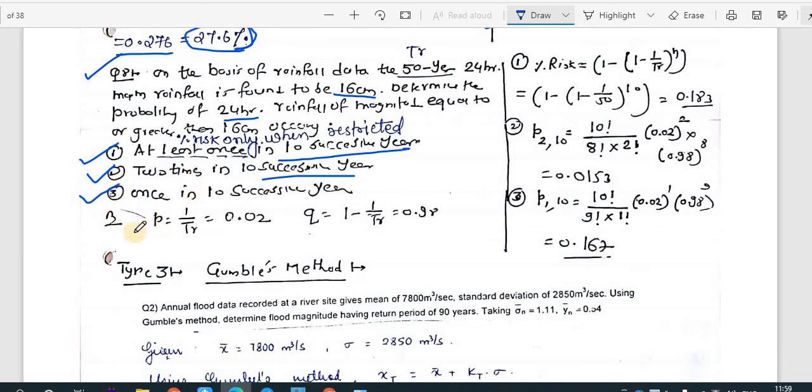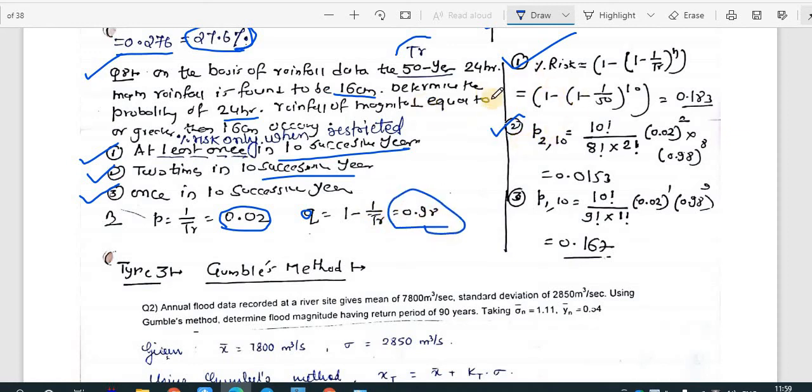So we will use the risk formula and the probability formula. The p value is 1 by TR. TR is given, the data is given for 50 years, so 1 by 50 equals 0.02. After that, q equals 1 minus 1 by TR, so it will be 0.98.